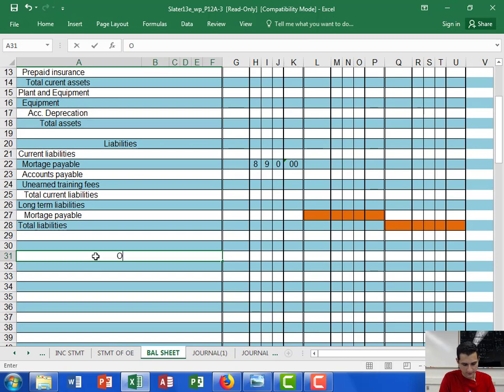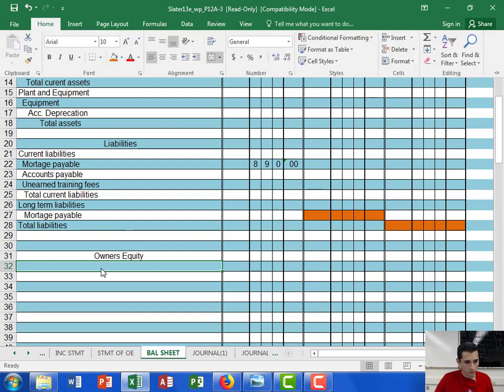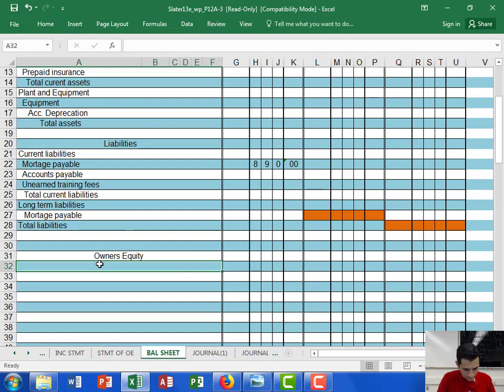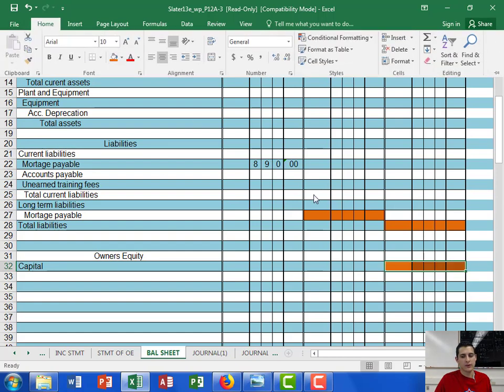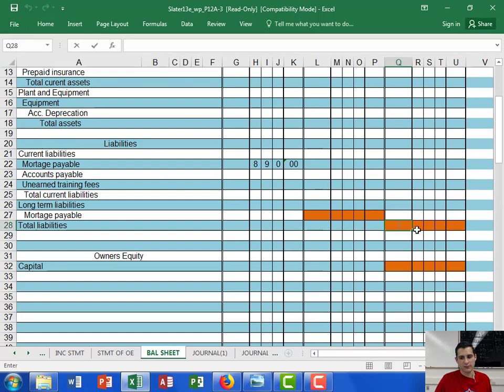And then finally, you're going to have owner's equity, where you're going to have your capital, which will go all the way to the end, that will add up with your total liability number.